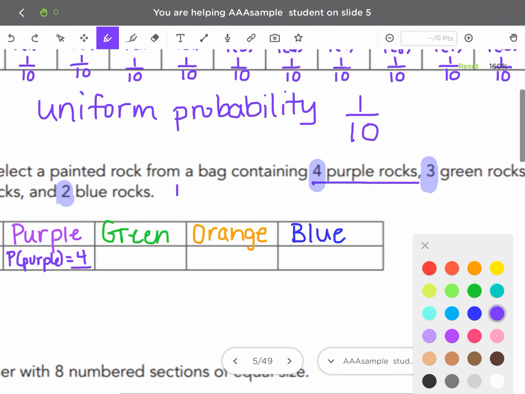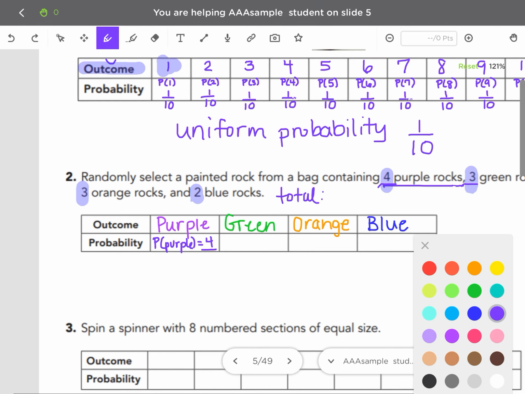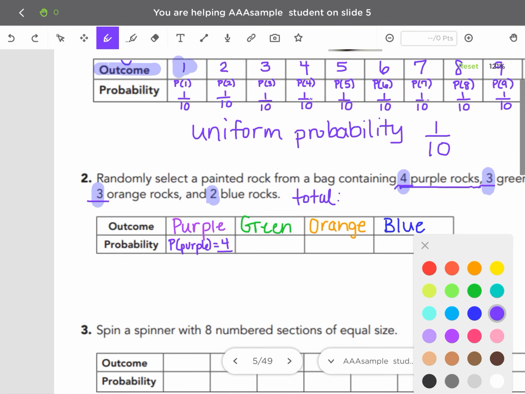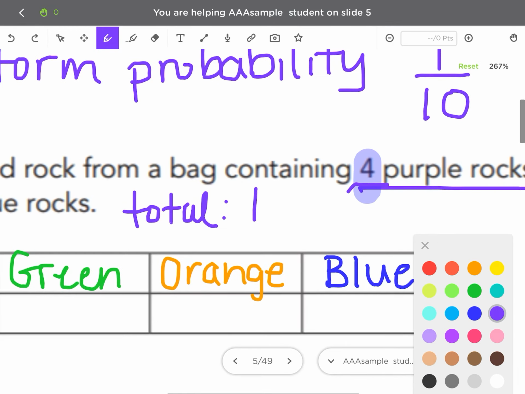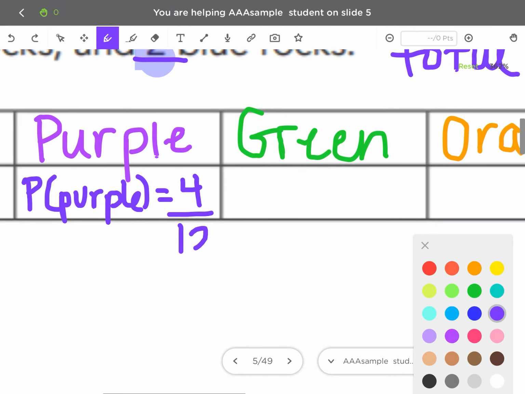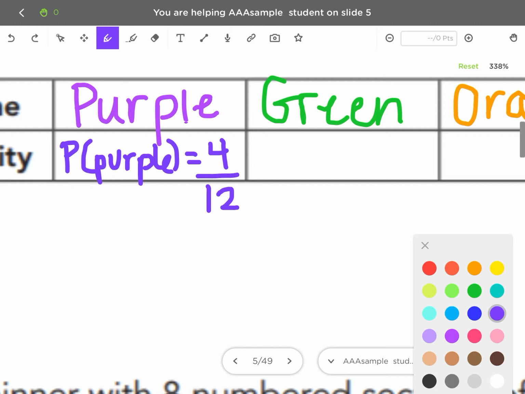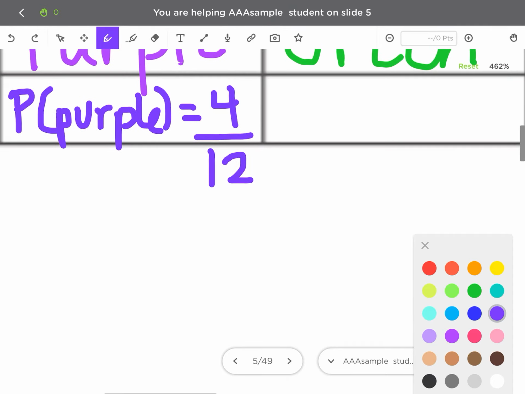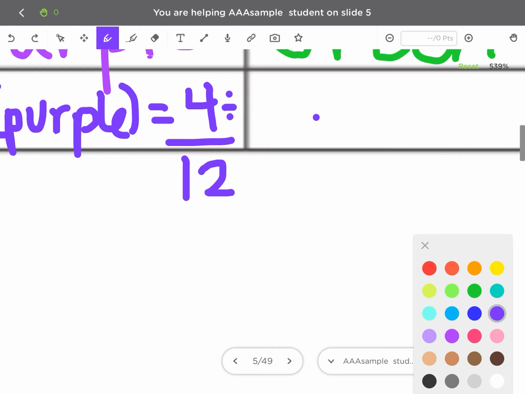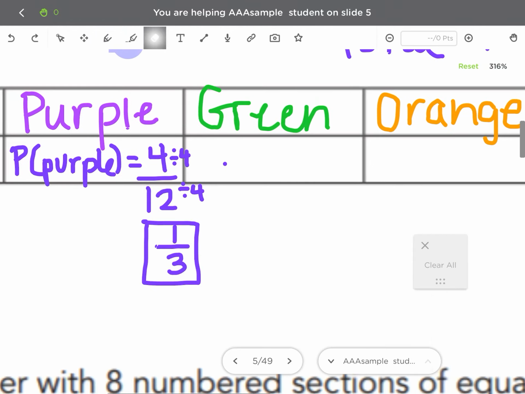I know 4 plus 3 is 7, 7 plus 3 is 10, and 10 plus 2 is 12. So there's 12 total rocks. So the probability is 4/12. However, when we write probability, since it's a fraction, you'll always be asked to reduce or simplify the fraction. I know I can divide both 4 and 12 by 4 to get a probability of 1/3.